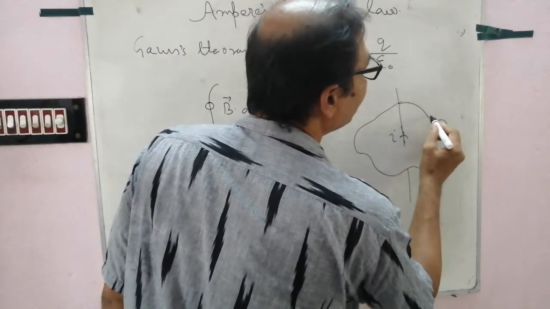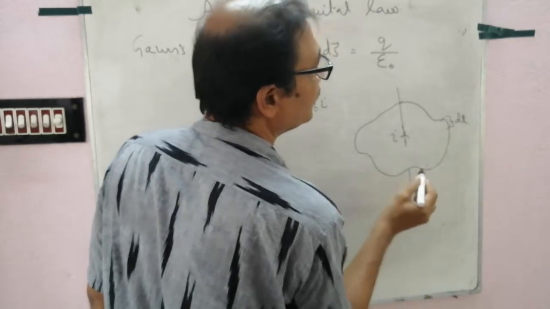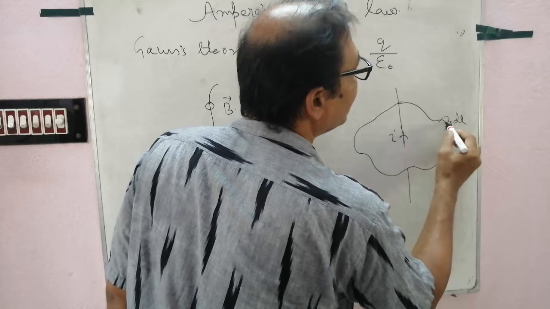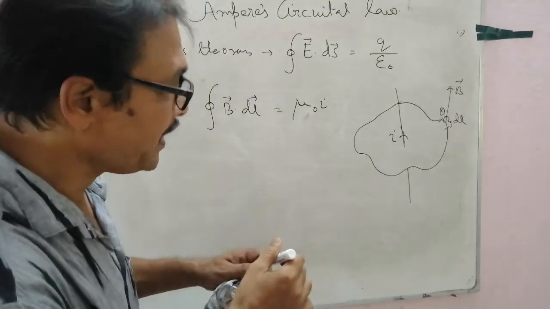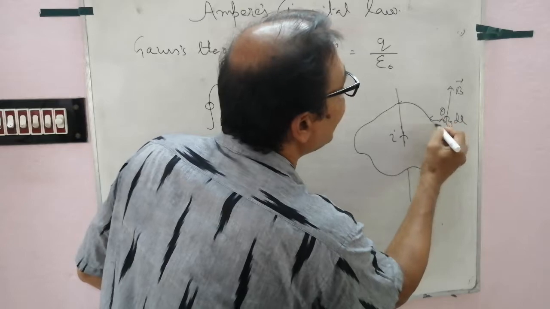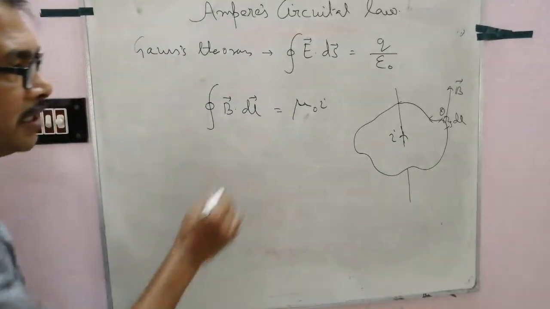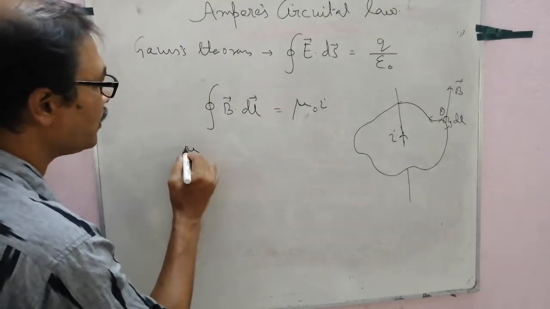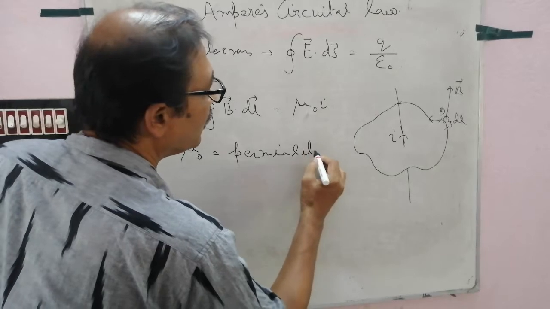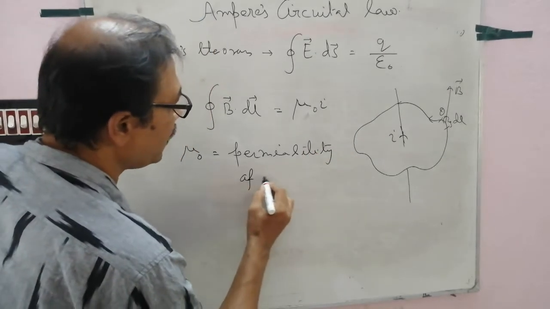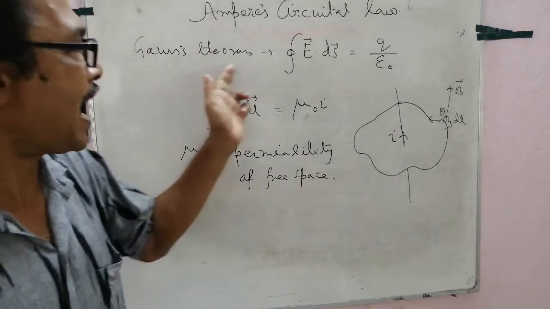Suppose this is a small portion dl, and the magnetic field is in this direction, with angle theta between dl and B. So the closed loop integral of B dot dl equals mu 0 I, where mu naught or mu 0 is the permeability of free space or vacuum. So this is Ampere's circuital law.